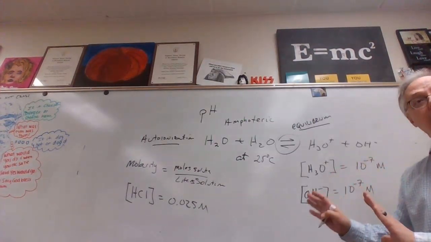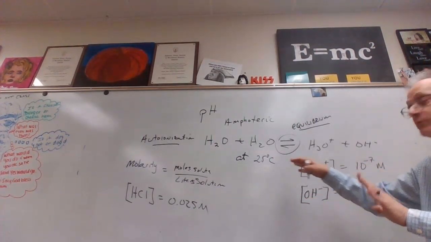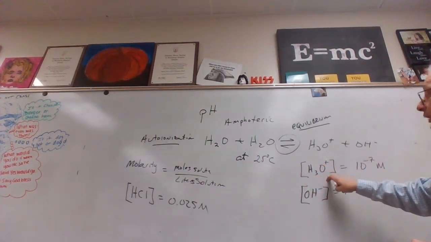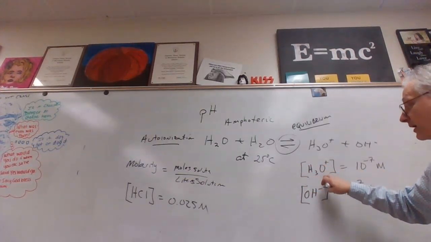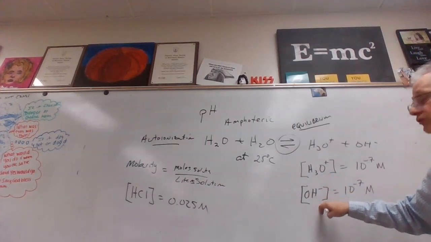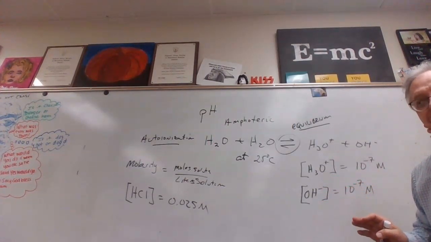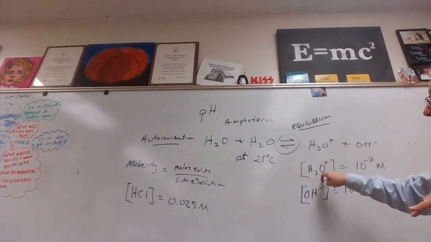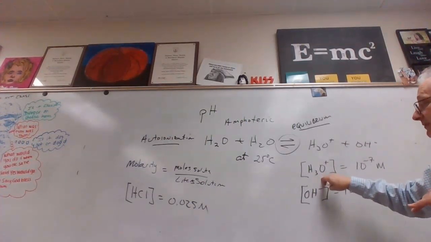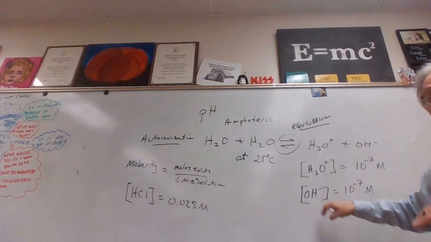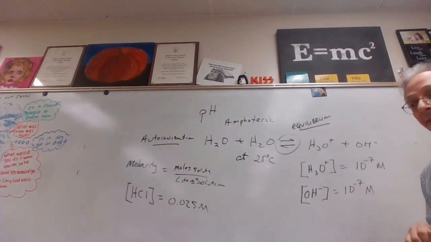So neutral water at room temperature has equal amounts of hydronium ions and hydroxide ions, equal amounts. So in other words, if I had more of that, it would be acidic. If I had more of that, it would be basic, but they're equal.